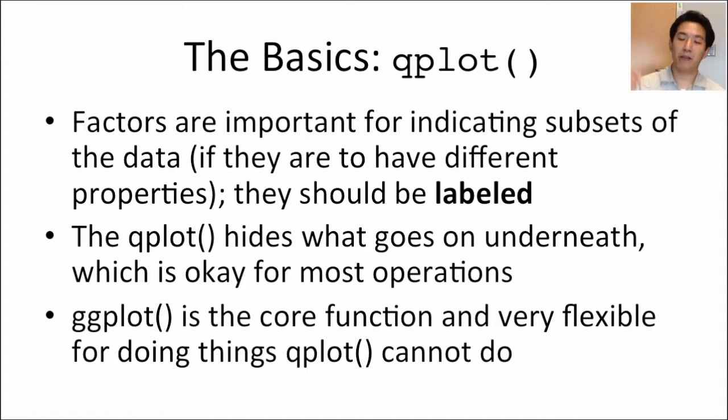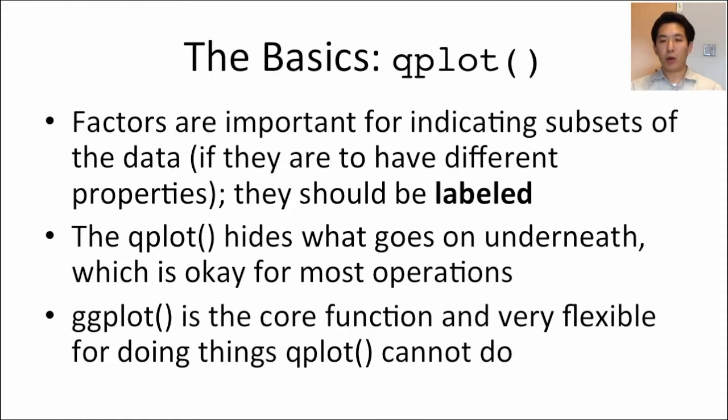For example, you might have a factor that indicates the gender, so you have a bunch of males and a bunch of females. Those are subsets of your data, and you might want to plot a certain relationship divided by the various subsets. Or you might want to color certain points depending on whether they're male or female. So the categories indicated by various factor variables can be useful for annotating a plot.